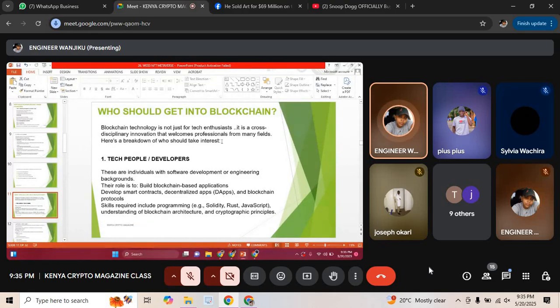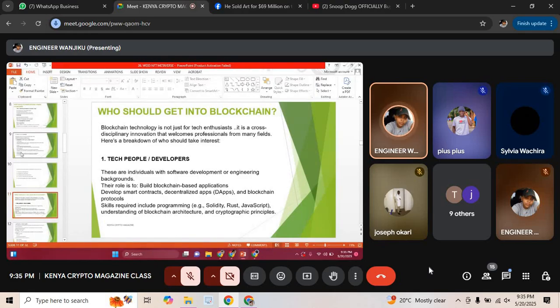Number 1, we have the tech people. It's not a must for you to be a crypto enthusiast. You can be a tech person or a developer. These are individuals with software development or engineering backgrounds. Their role is to build blockchain-based applications. So what can they do? They can develop smart contracts. They can develop dApps, the decentralized applications. They can develop the blockchain protocols.